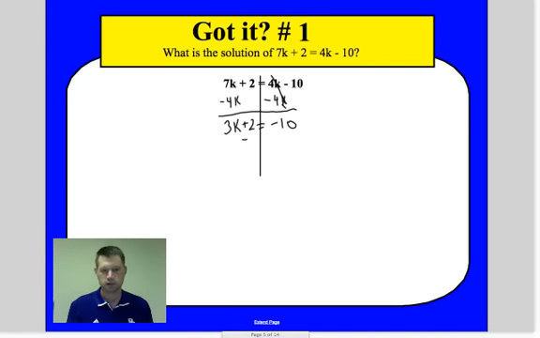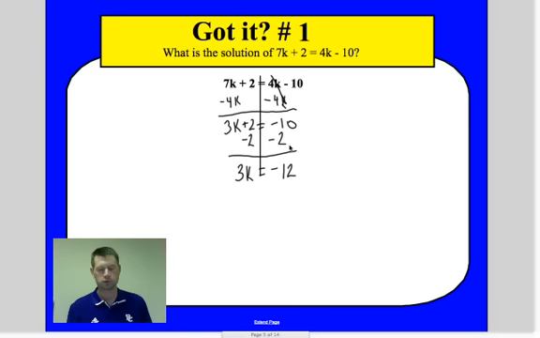Okay, so now we've got the variables on this side, so we have to get rid of this 2. Again, from one-step equations to two-step equations, we want to do the inverse. So we're going to subtract 2 from both sides now. We get 3k plus 2 minus 2, which gives us just 3k. When we subtract 2, we already have negative 10, and we're taking away 2 more, which means now we're at negative 12.